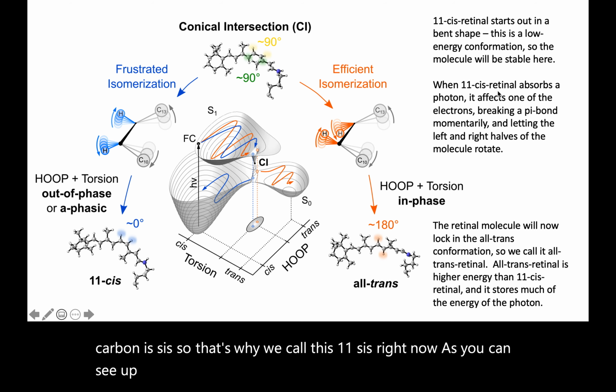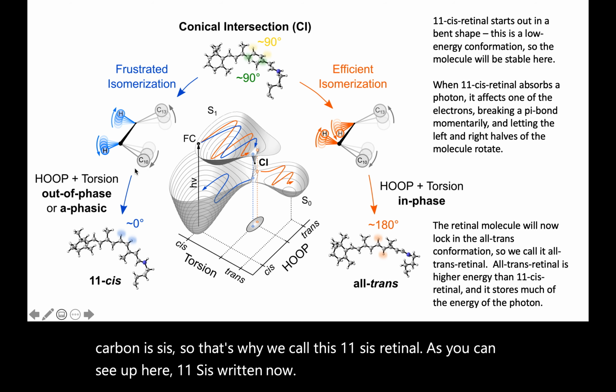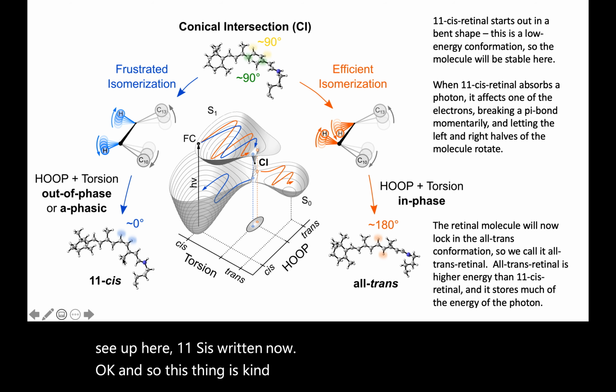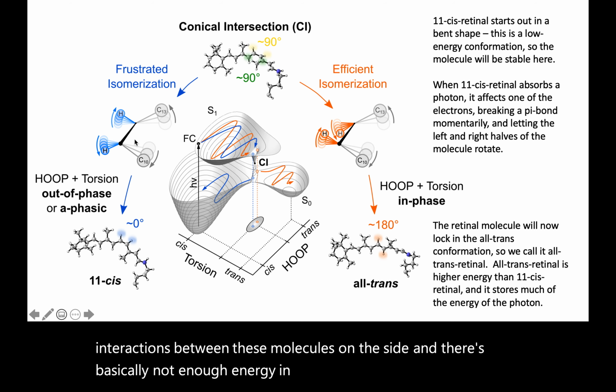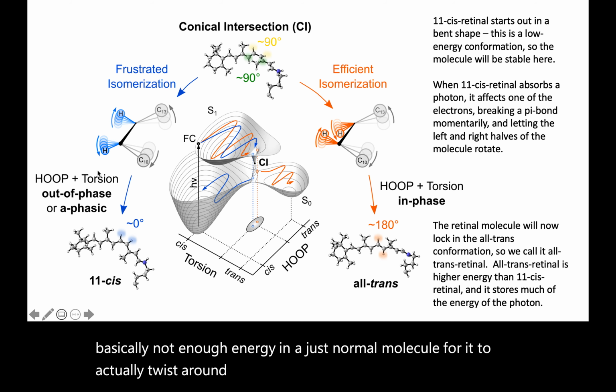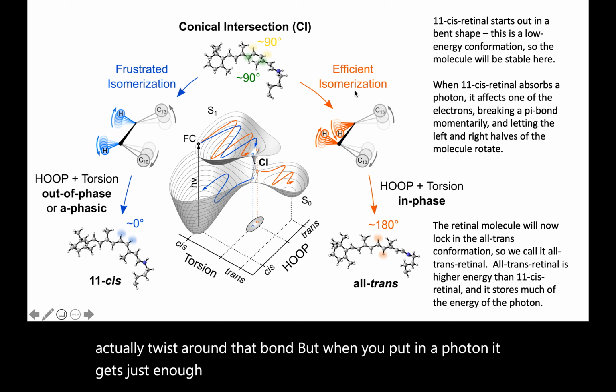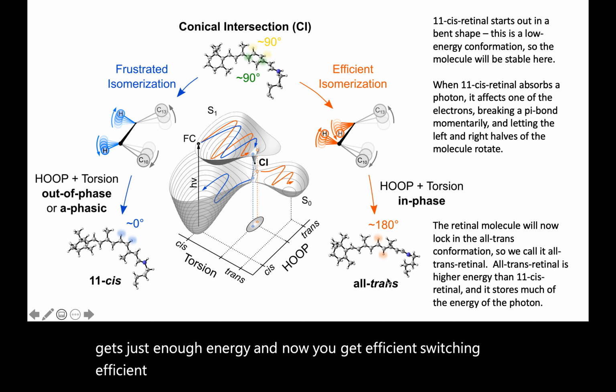Okay, and so this thing is kind of locked in. There are little interactions between these molecules on the side, and there's basically not enough energy in a normal molecule for it to actually twist around that bond. But when you put in a photon, it gets just enough energy, and now you get efficient switching, efficient rotation around that bond, and then boom, you're going to end up in the all-trans shape.